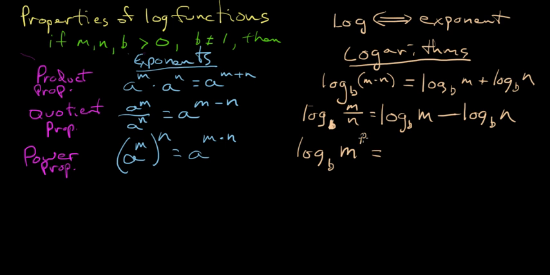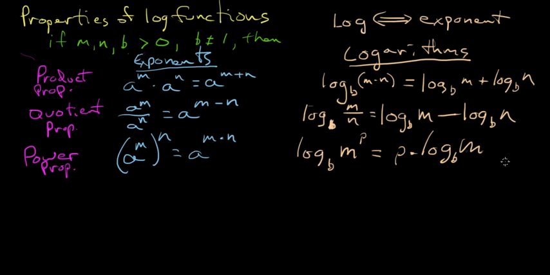We're going to take this p, which is an exponent on what we're trying to find the log of, and bring that around to the front and multiply it. So it's going to be p times log base b of n, or m rather. I'm sorry, that was an m. Better stick with the same thing. M. Okay, things aren't working the way I want them to tonight.